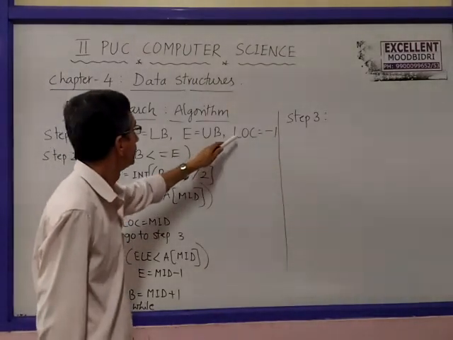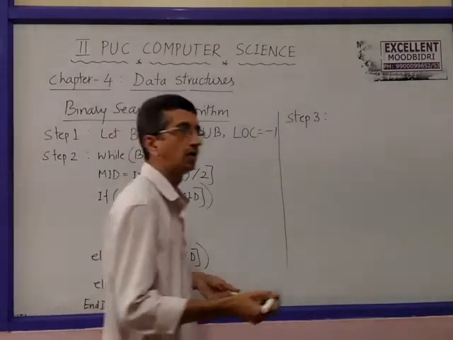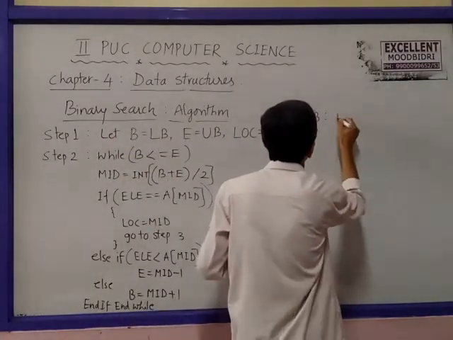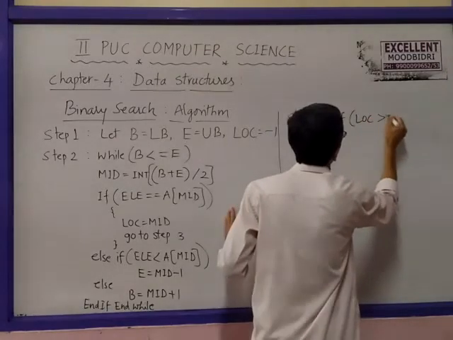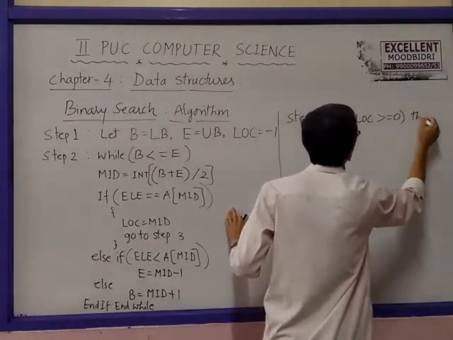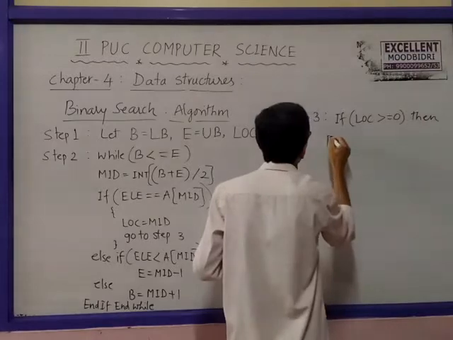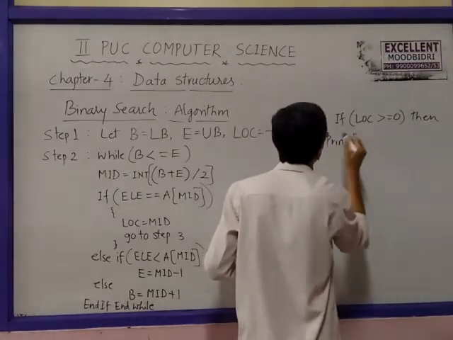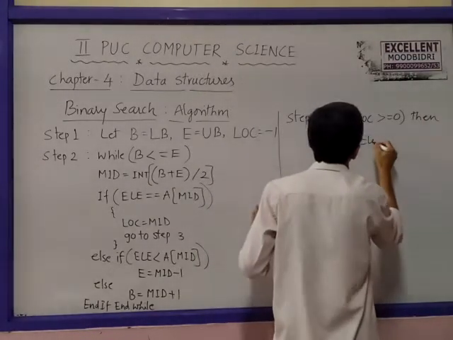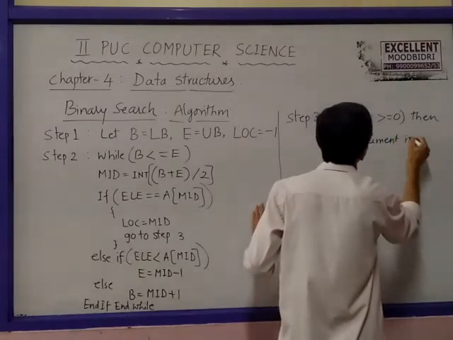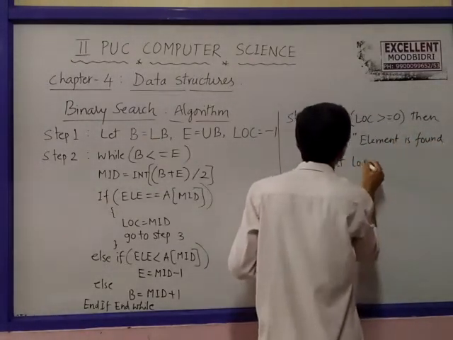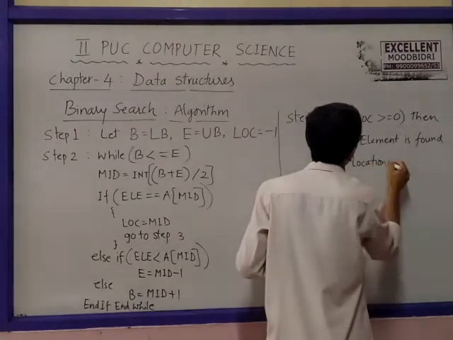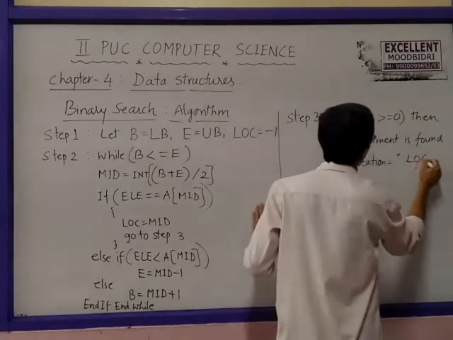And next is step 3, similar to the linear search. If location is more than or equal to 0, then print element is found at location is equal to LOC.